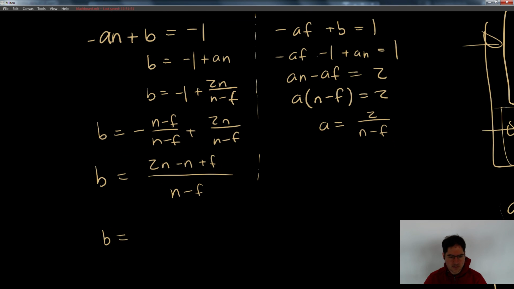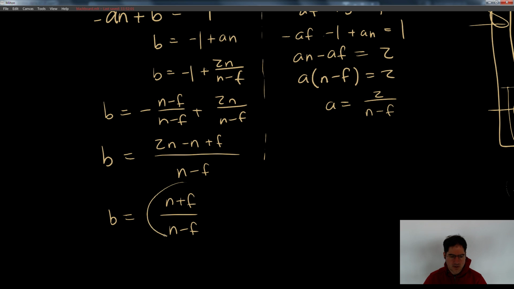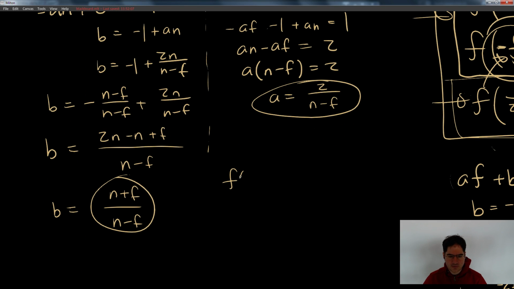Then when we're done combining these, we just get n plus f on the top, since 2n minus n is just n. N plus f over n minus f. There's our b value. There's our a value. And so our final equation for f of z is 2 over n minus f times z plus n plus f over n minus f.